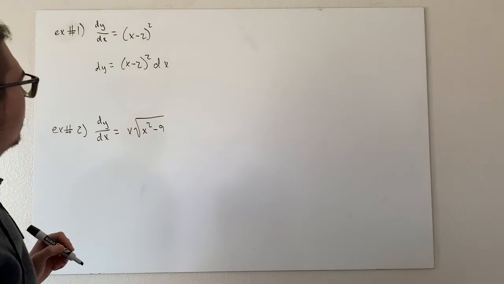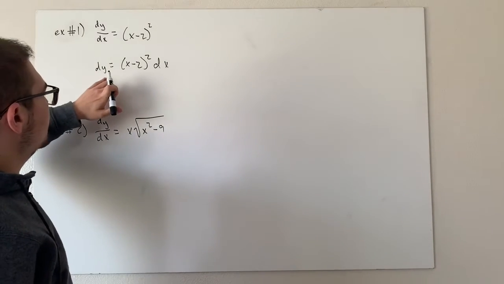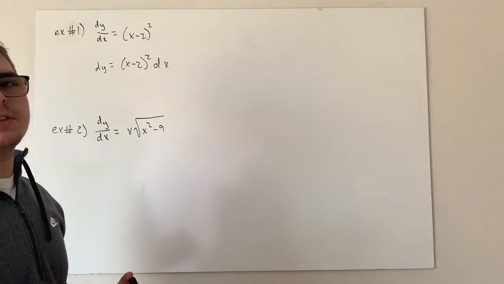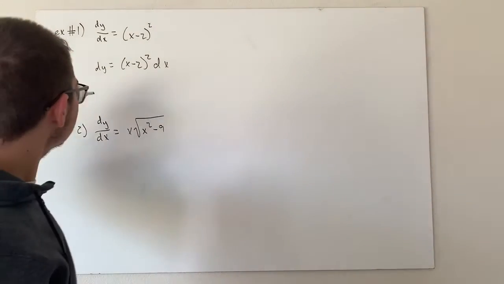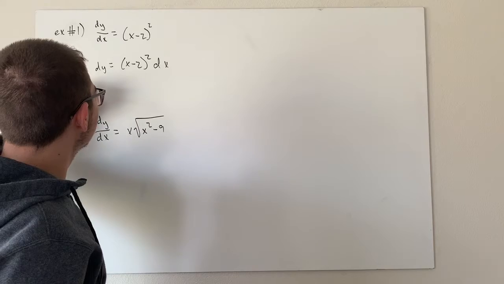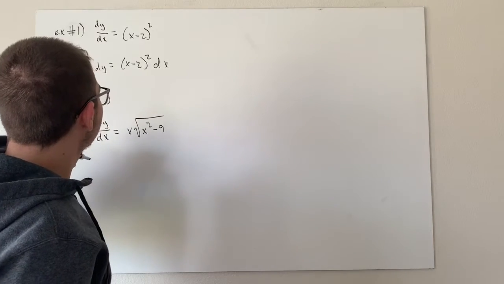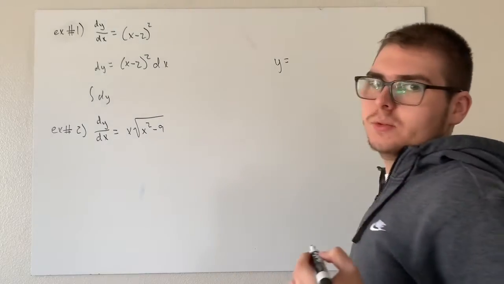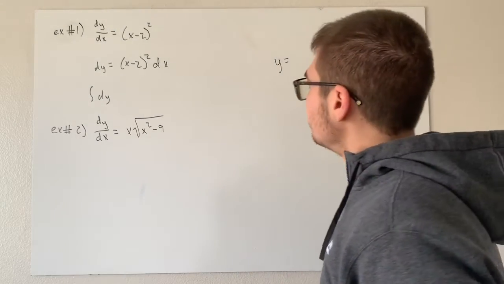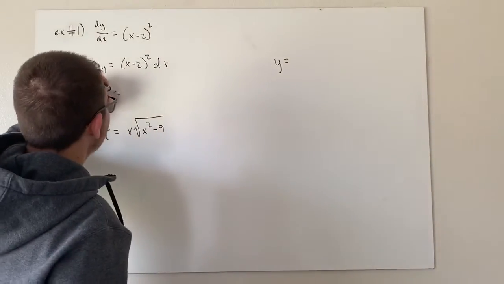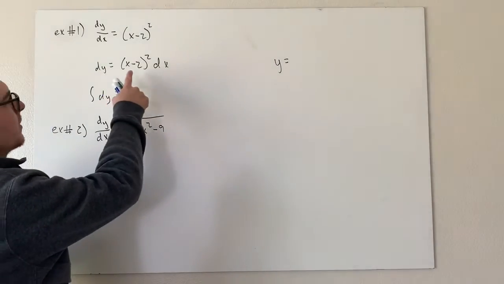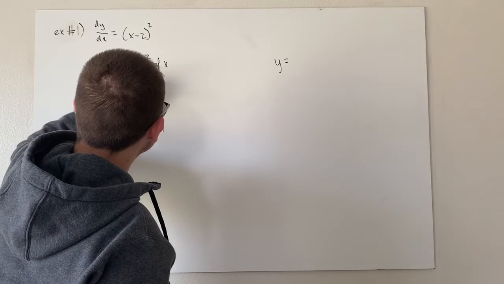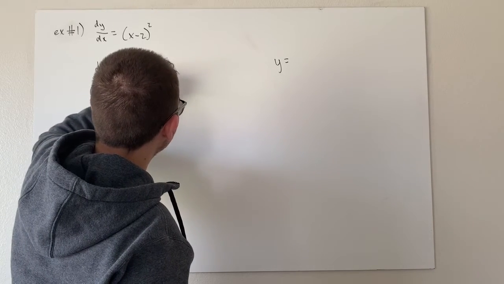Essentially what we have is the derivative of y, and we know that we can undo derivatives using integrals. So if I do the integral of dy, I'm just going to end up with y equals something, which is exactly what I want. If I take an integral of this side, however, I have to take an integral of this side, which is why it becomes familiar, just some u-sub that we would do back in Calc 2.